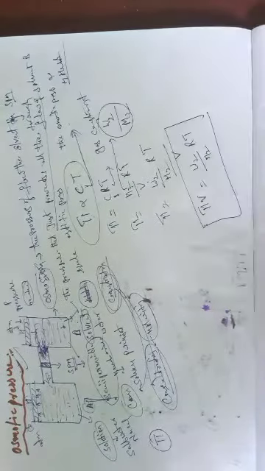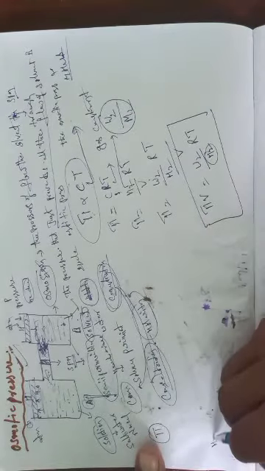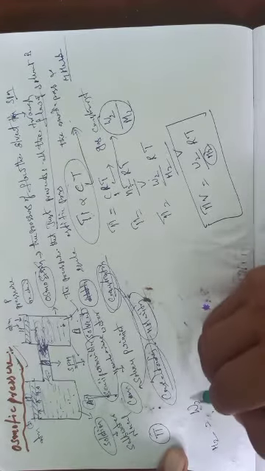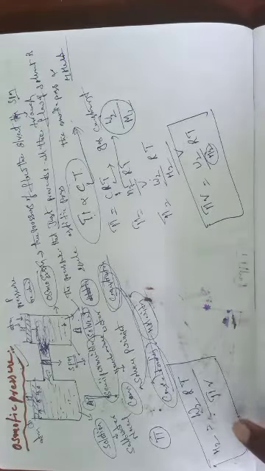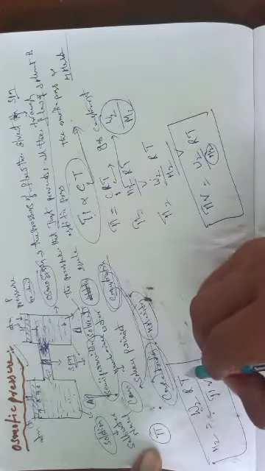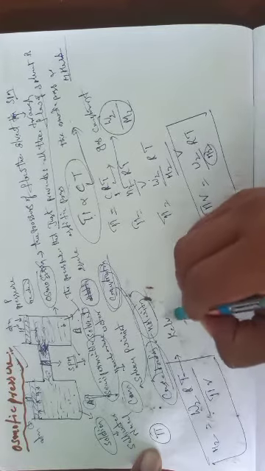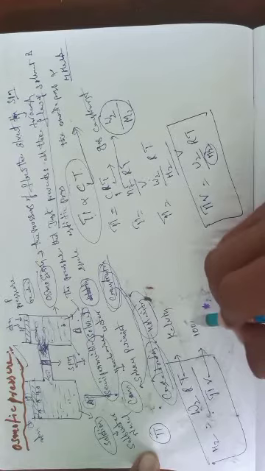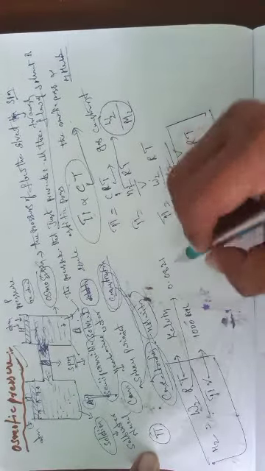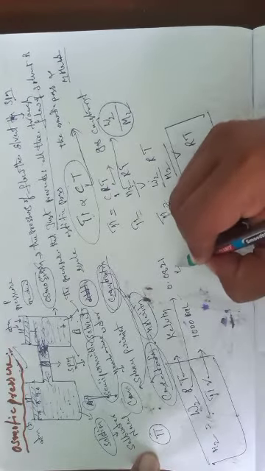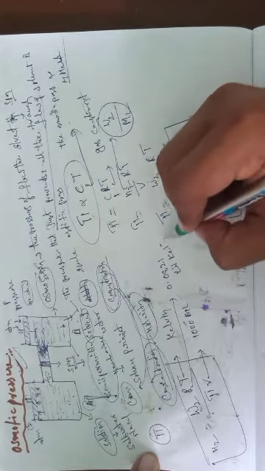Now this is the osmotic pressure equation. Suppose we want the molecular mass of the solute. Then M2 equals W2 RT by pi V. In this equation, temperature is taken in Kelvin and V is taken in milliliters.